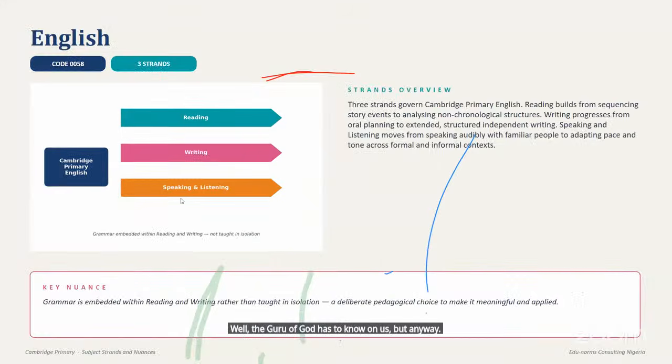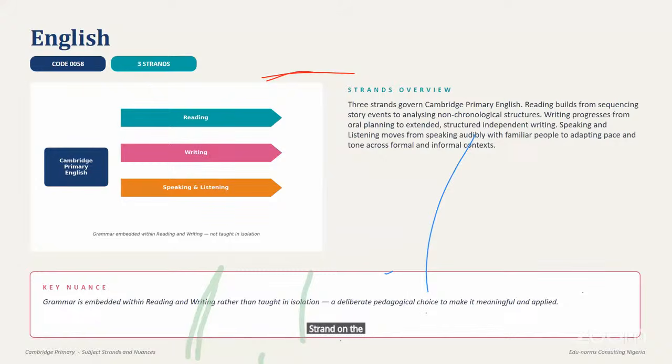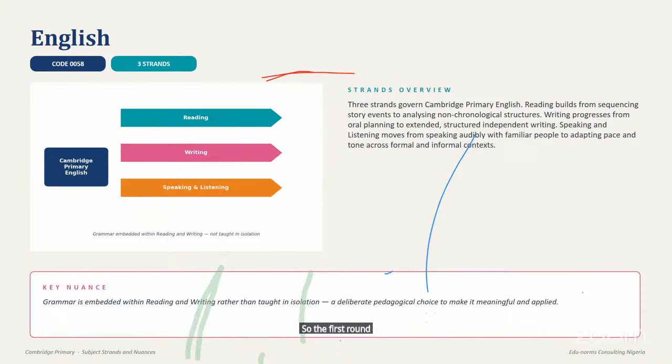So this speaking and listening is not the third strand under English as a first language. Please, we'll come to English as a second language very soon. So the third strand under English as a first language is use of English.